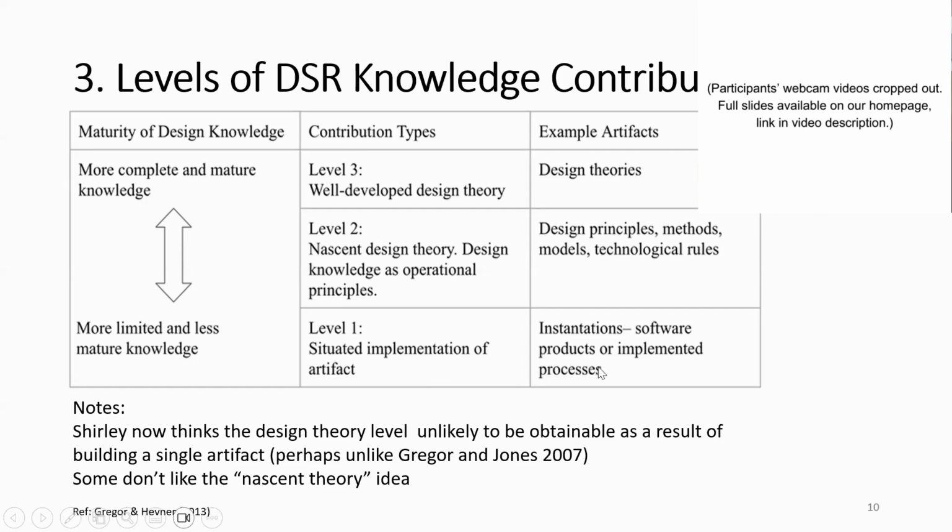So level 1 means you just build an artifact and you say, okay, here's this thing. This is a faster sorting algorithm than has ever been had for this particular problem. Here you have some description, you try and get a little bit higher level of generality.